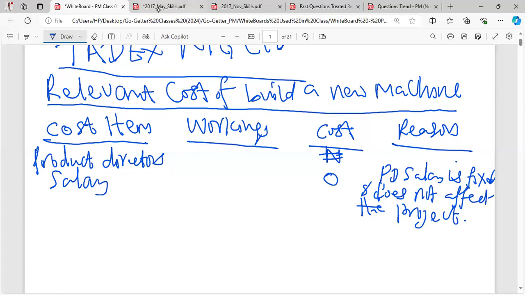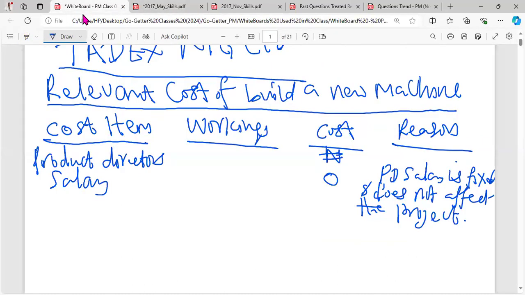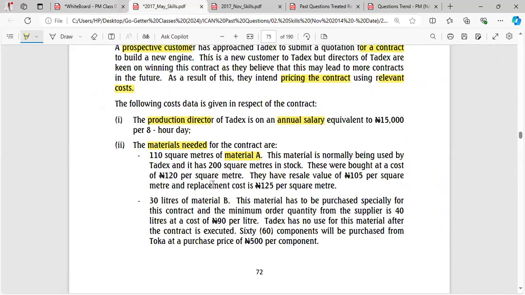The next cost we are taking is the materials. Materials needed for the contract, we have material A. So let's talk about material A. We'll go down now and treat material A. What are the questions we are going to be asking?